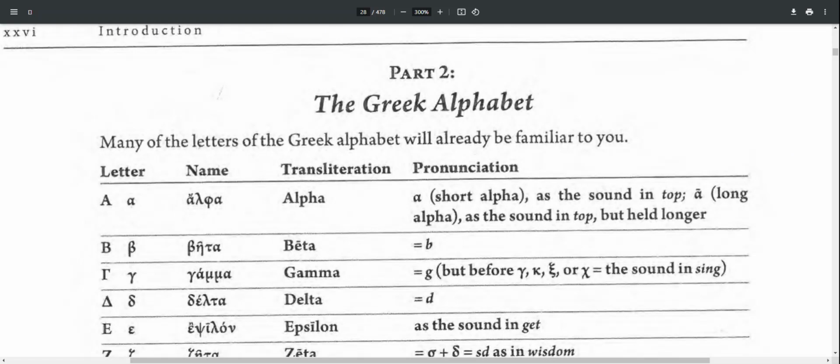So here it says introduction, part two, the Greek alphabet. Many of the letters of the Greek alphabet will already be familiar to you.